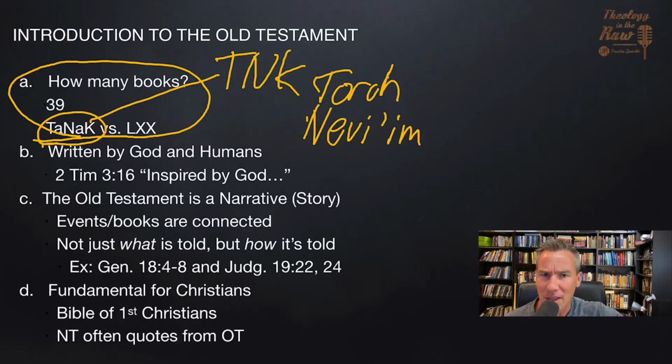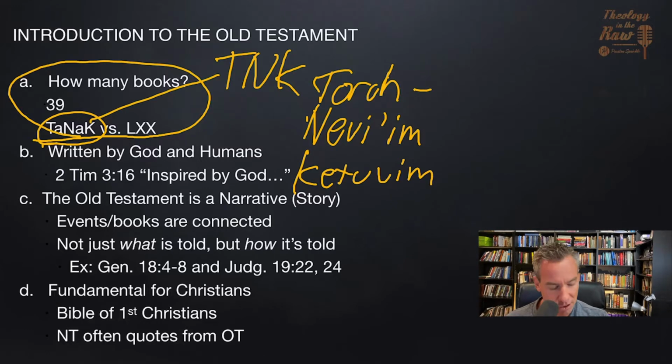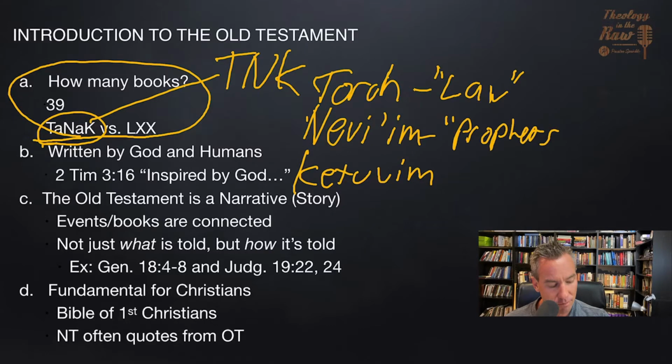These are Hebrew words, by the way, written out in English, and then Ketuvim. And all this means is, there's various ways to translate this. Some people might say the law, prophets, and then the writings. Okay, Ketuvim, the writings. Sorry for my terrible handwriting here. It's kind of hard to write on this little iPad thing here.